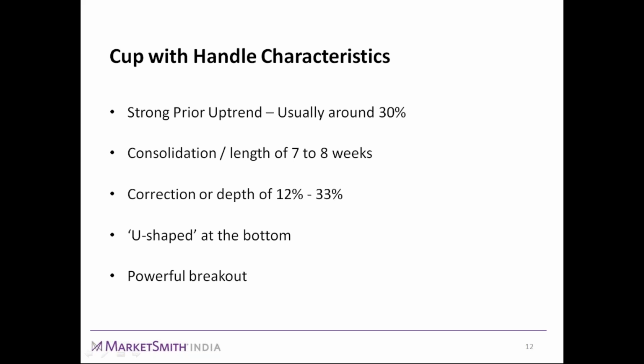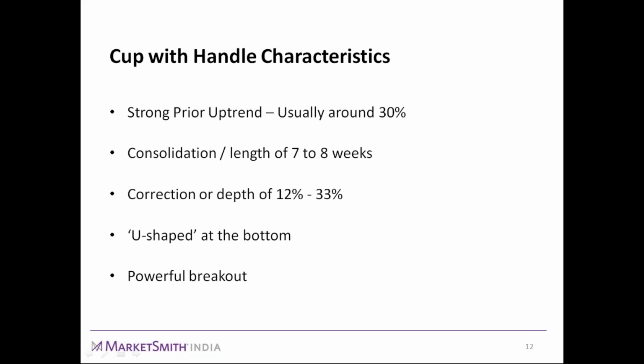We don't want to get into a stock that has been trending sideways or declining, where the cup pattern is just a continuation of that downtrend or sideways movement. So after a strong prior uptrend, the stock is consolidating, with some weaker hands moving out and some investors with higher conviction getting into the stock.